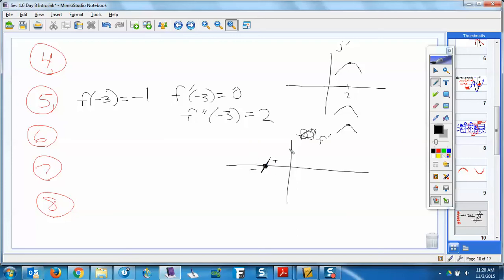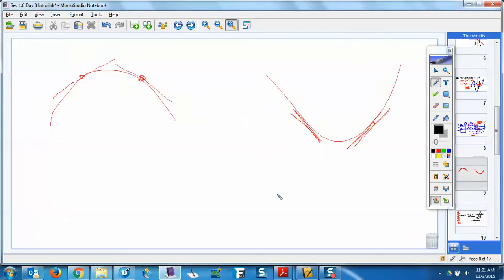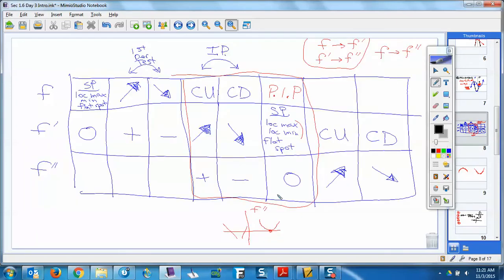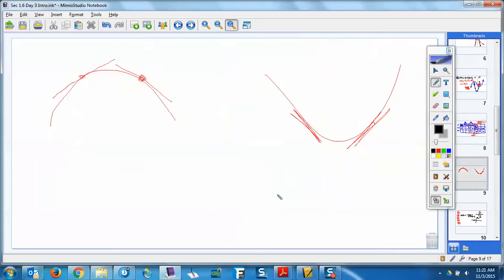It's not bouncing off, right? If it was bouncing off, we'd have a slope of 0. Since it's got a positive slope on the F prime graph, F prime is going from negative to positive. So if we look at the chart, if F prime is going from negative to positive, what's F? Down to up. That's a local minimum.